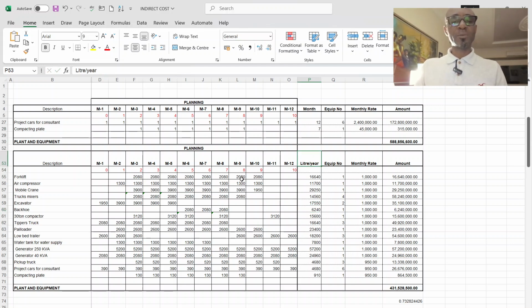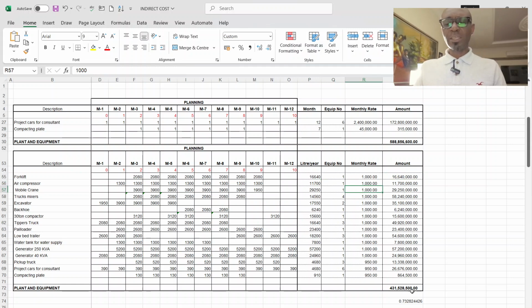So you now sum up all this consumption for each month. It will now give you, like the forklift, it's going to consume 16,640 liters for 1 year, multiplied by 1,000, gives you 16 million. Then the air compressor is going to consume 11,700 for 1 year, by 1,000, gives you 11 million.